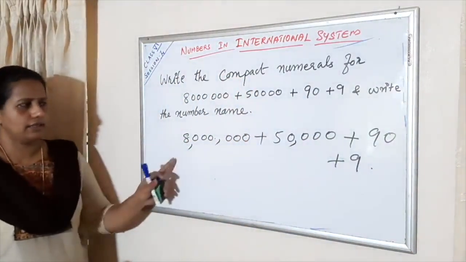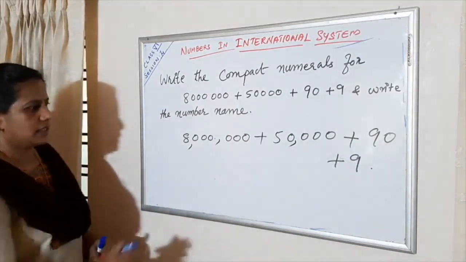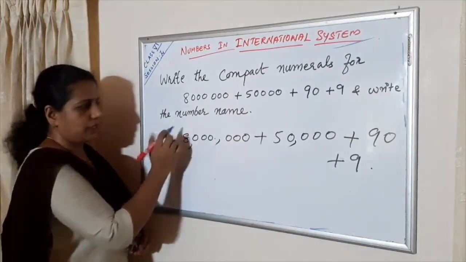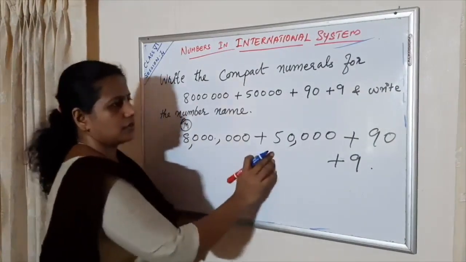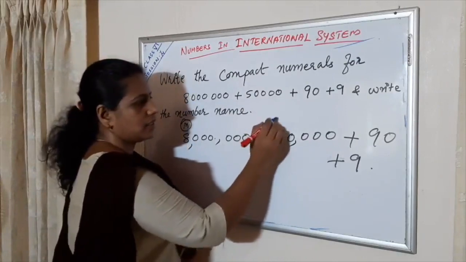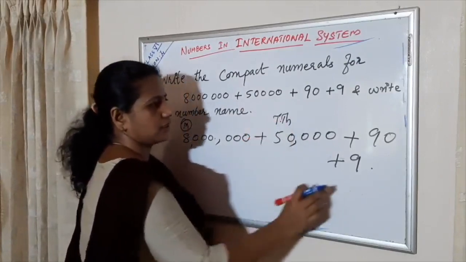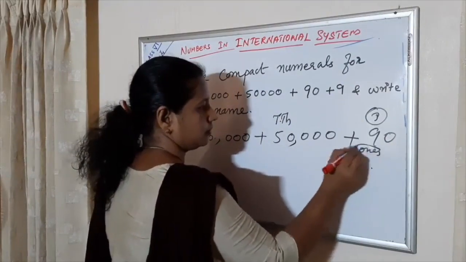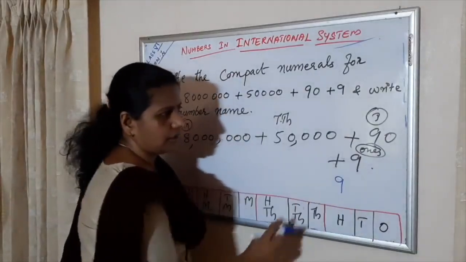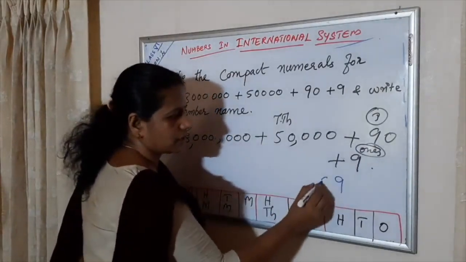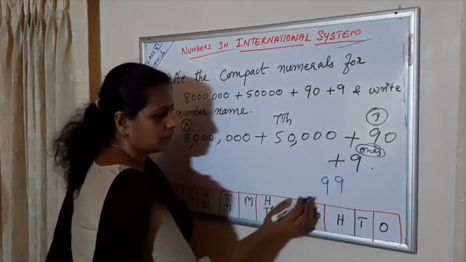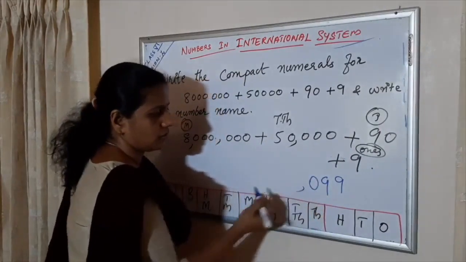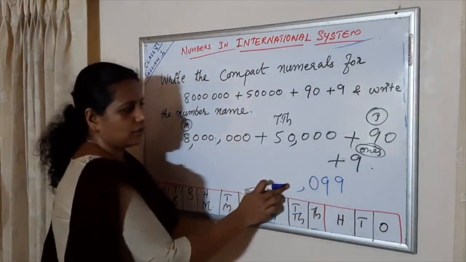This is the given number, that is ones, tens, hundred, thousand, 10,000, 100,000, million. Ones period 9 is there. Then tens period 9 is there. Hundreds period nothing. So next first comma.